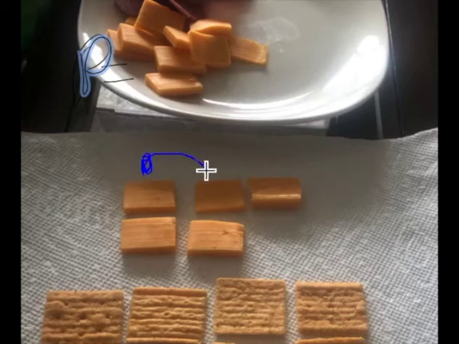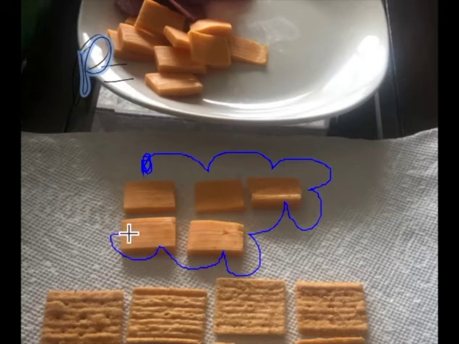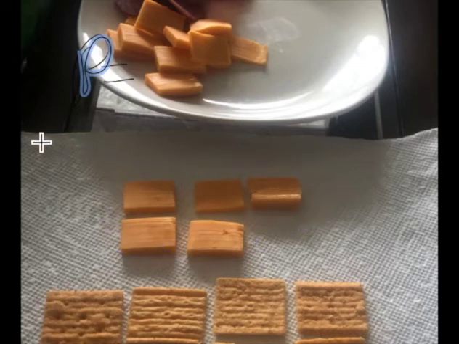So now the perimeter, 1, 2, 3, 4, 5, 6, 7, 8, 9, 10. I still have a perimeter of 10, right? Perimeter stayed the same.